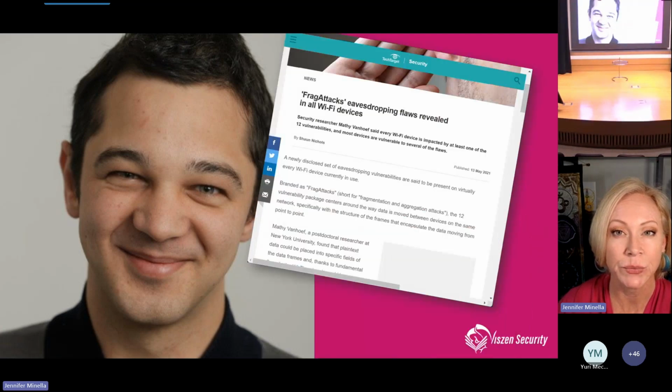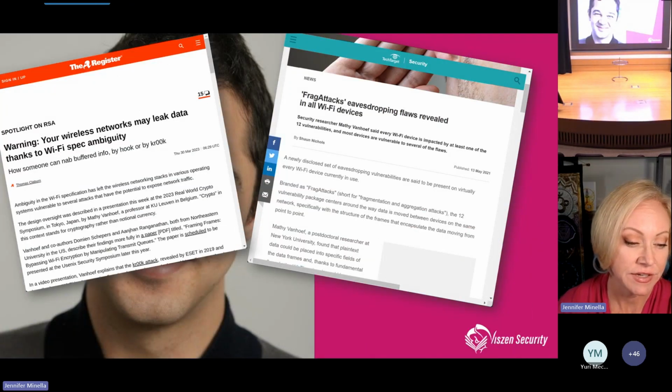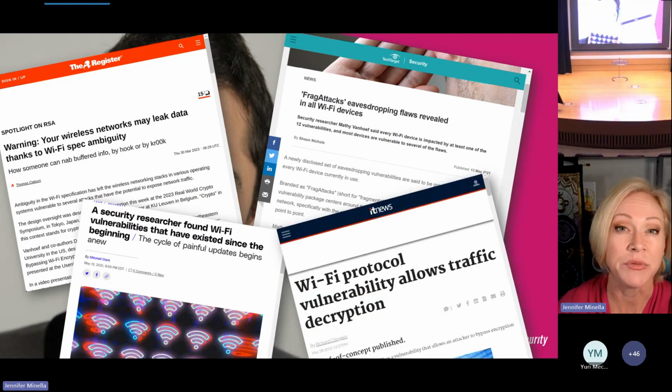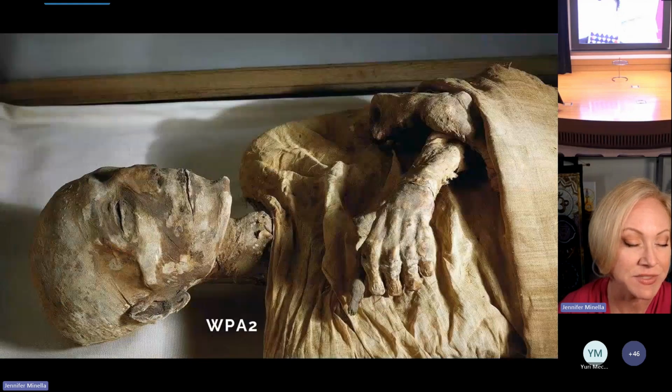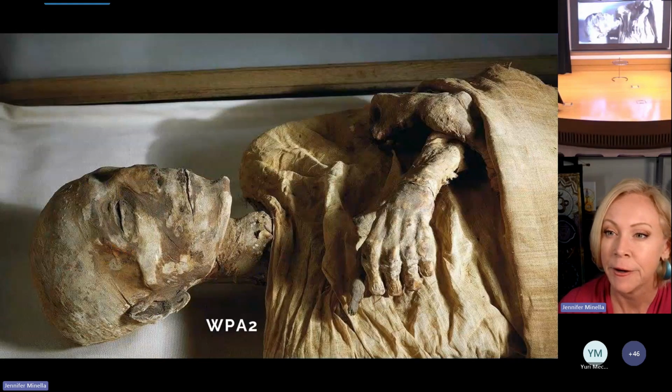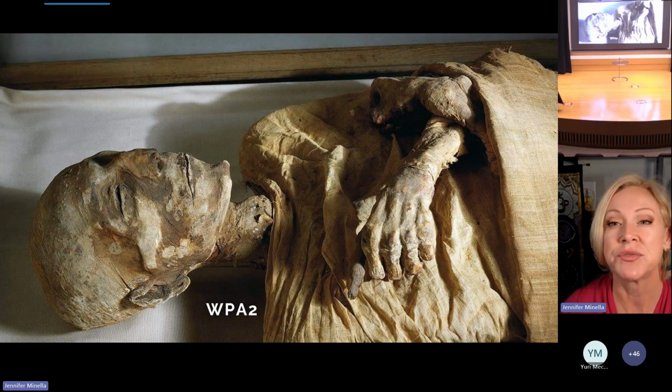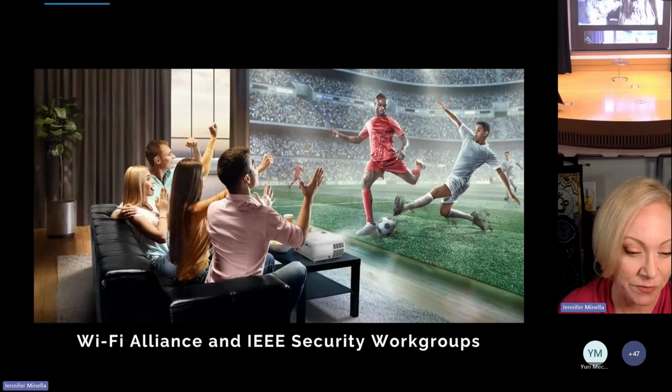And as if WPA2 wasn't broken enough, he just kept breaking it all over in new ways and keeps doing that for us. He's had 20 years to break every piece of WPA2, along with some other researchers. So at this point, WPA2 is just dead. It's dead, buried, decayed, mummified, and there's really nothing left of it.